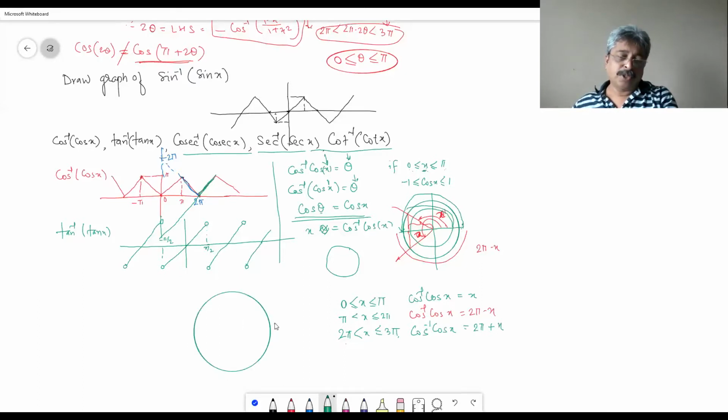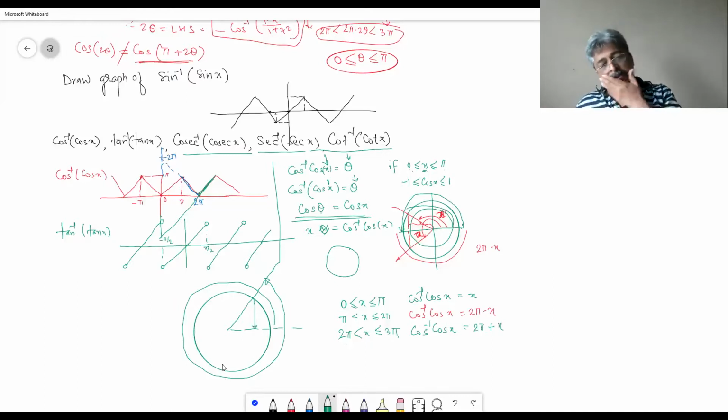If the terminal ray has already completed one revolution and now it has reached here, you wanted this angle, and its corresponding value of cos will be this. Yes or no? Yes.